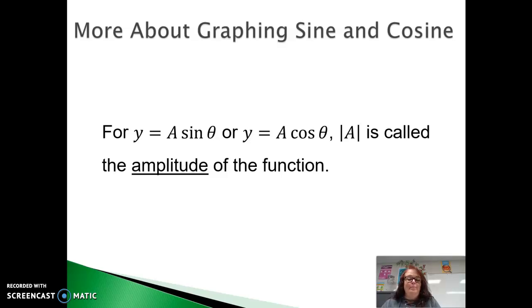We say that the amplitude of the function is 2, meaning how high or how low we can go based upon what we'll call a midline later on in the chapter. So if I have either a times sine of theta or a times cosine of theta, the absolute value of a is called the amplitude. So remember, the negative doesn't matter because the negative is just that reflection. So when we're talking about the amplitude, the stretch, or the compression, we're only talking about the absolute value of it.